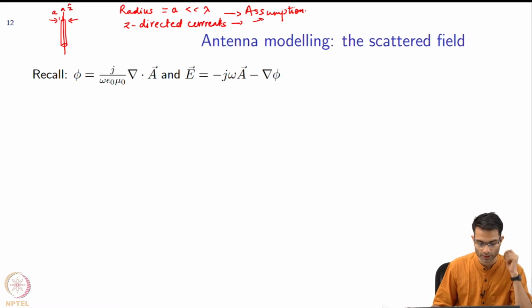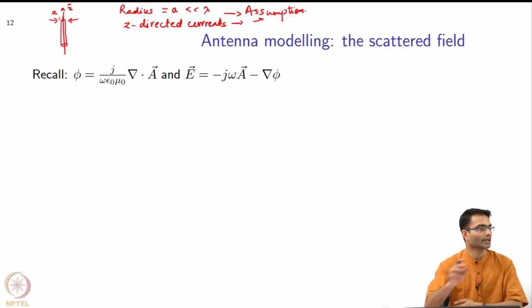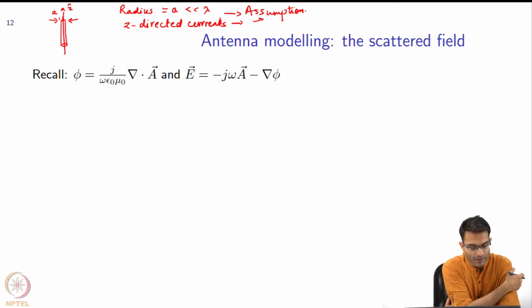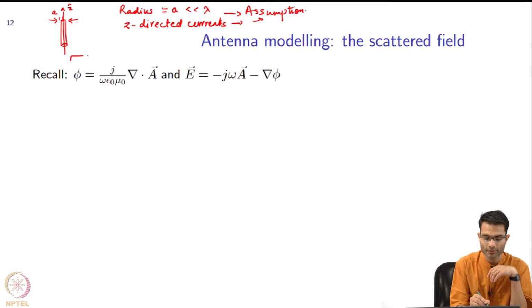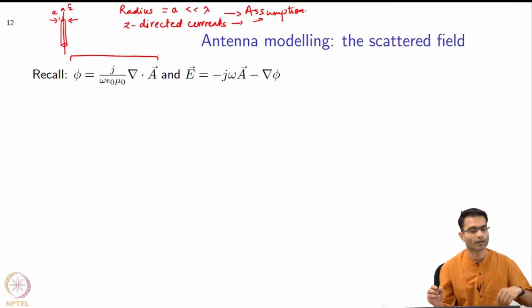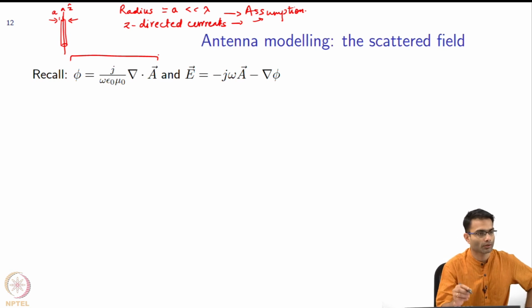Now, when we had derived the integral equations in terms of this magnetic vector potential A and scalar potential phi, this was a choice which we had made for the divergence of A, and what did we call this? Lorentz gauge condition, right. So, this was our condition.